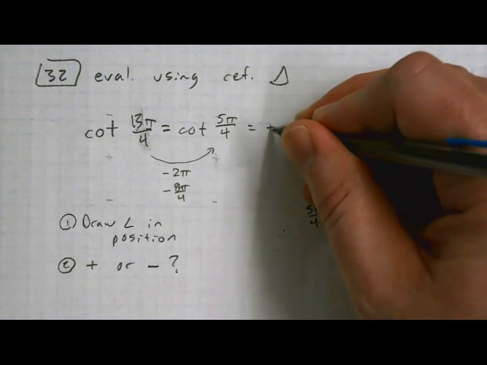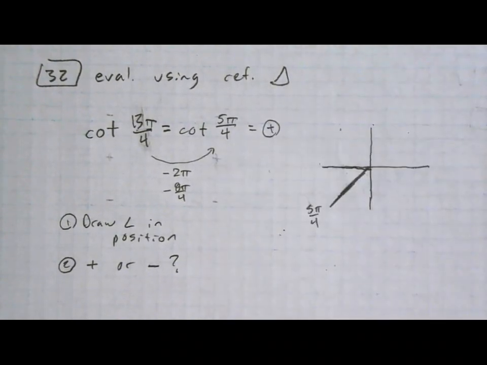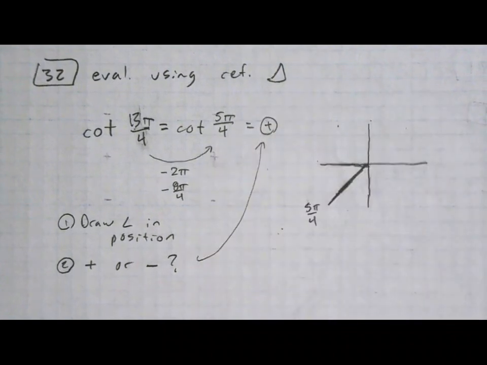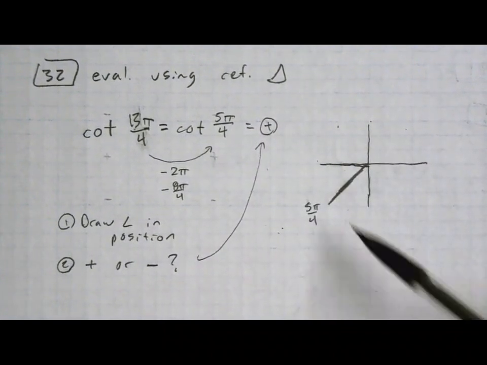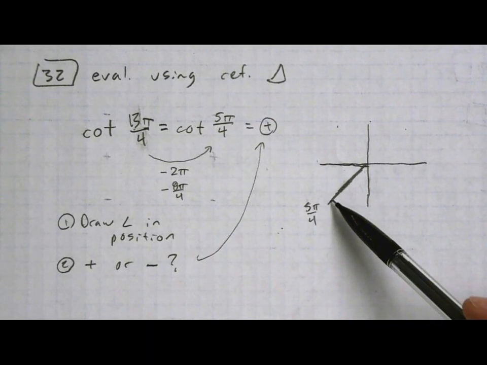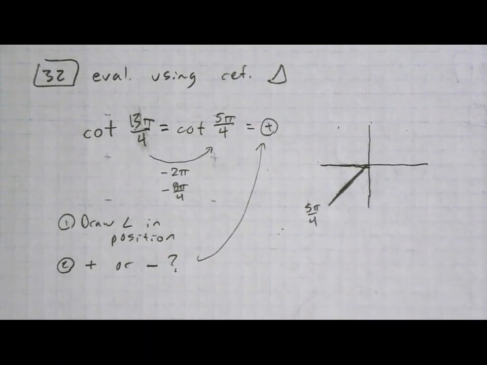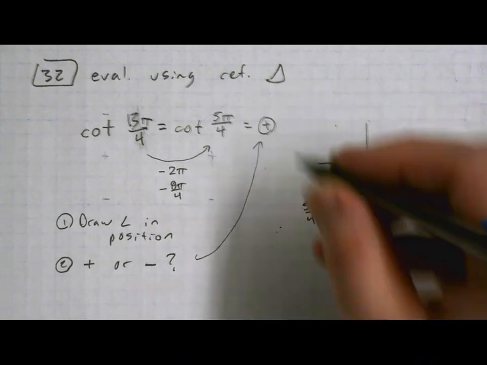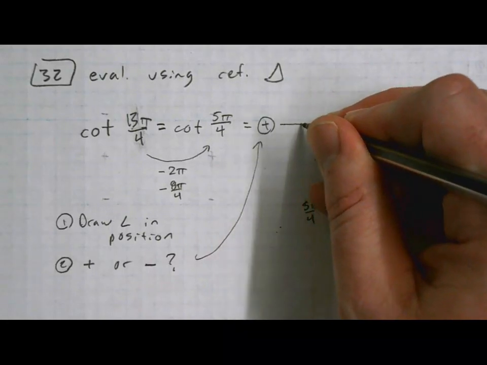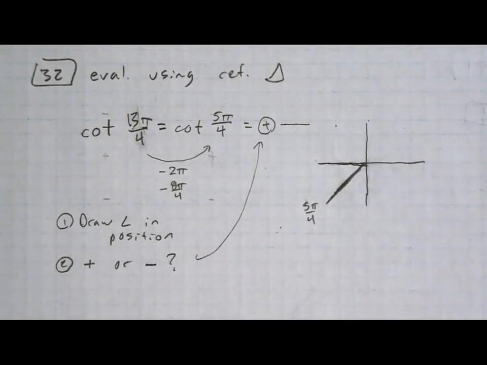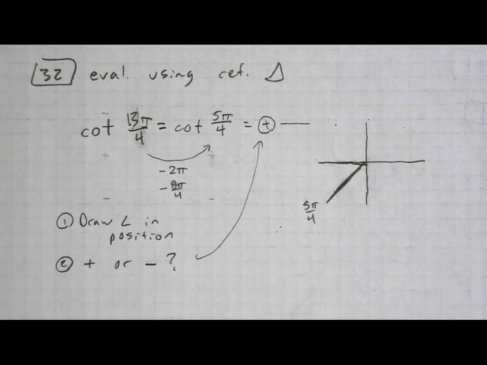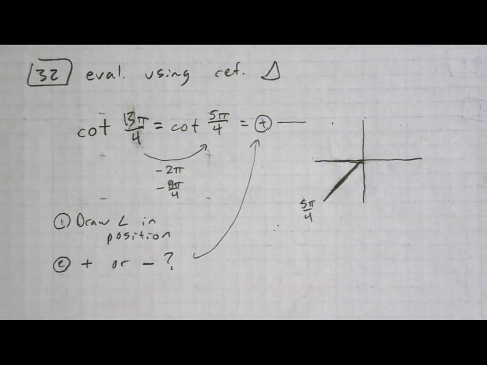Cotangent is positive in that quadrant because tangent is positive in this quadrant, right? Awesome. All I need to do to finish this is to get myself a couple numbers put on the top and bottom of my fraction. Where do you suppose those are going to come from? Sides of a triangle. So step 3 is to draw a reference triangle.